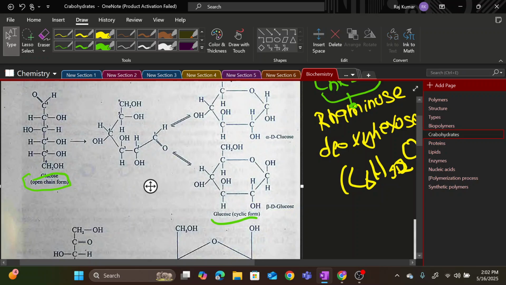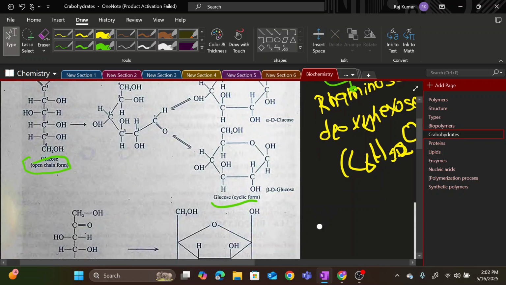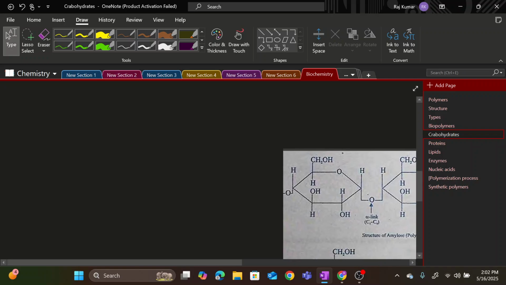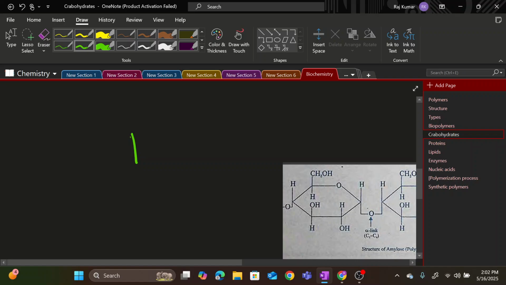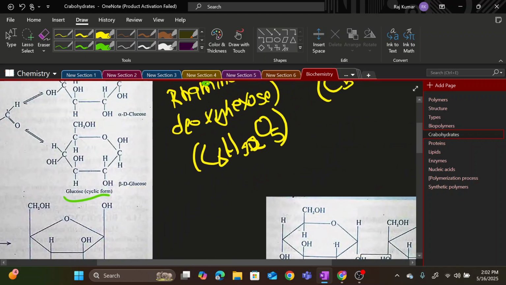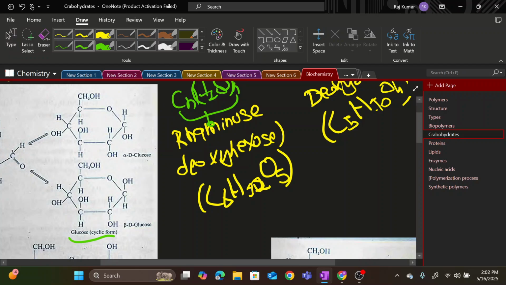So, alpha D-glucose and beta D-glucose. This is another important concept. Whenever we are going to have an OH group on the third carbon of the carbohydrates, if you can see, the third carbon is having an OH group which is present on the upper side. If the OH group is present on the upper side, then it means it is an alpha glucose.